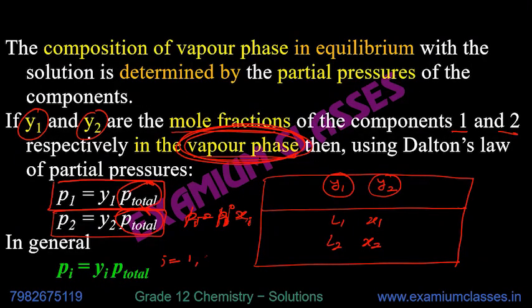I can be 1, 2, 3, whatever you want. How many components are there? So that is the general formula. In general, Pi equals Yi P total.